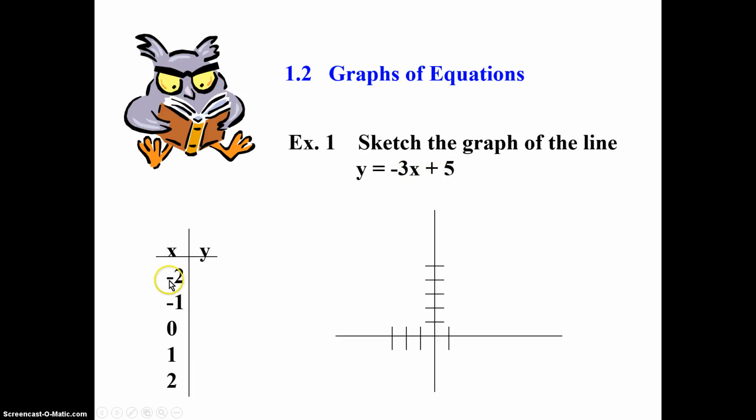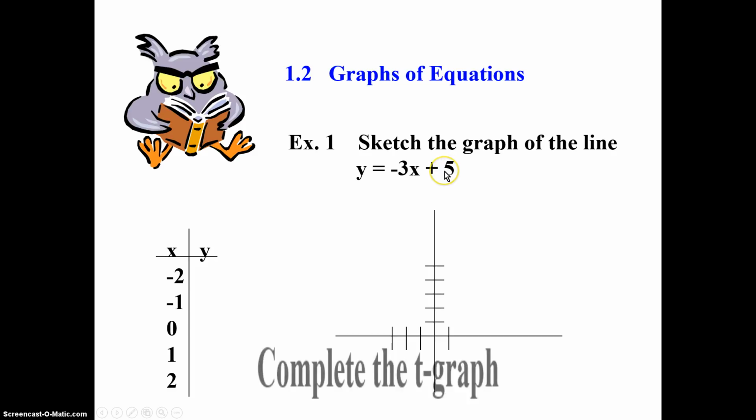So let's try negative 2. I have negative 3 times negative 2. Negative 3 times negative 2 will be a positive 6. You add 5 to that and you get 11.